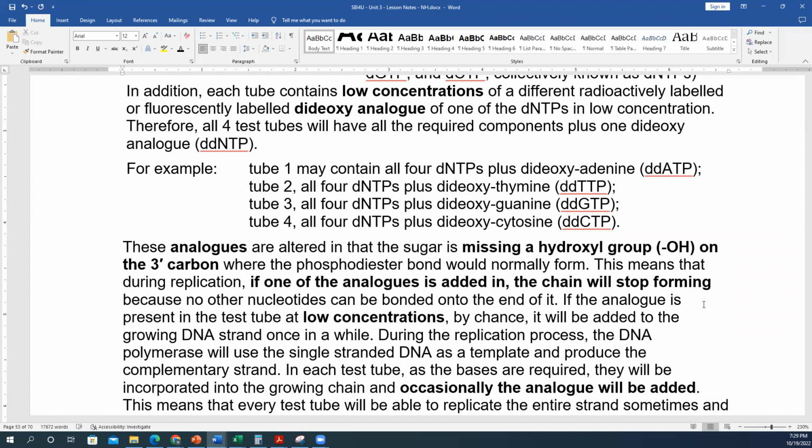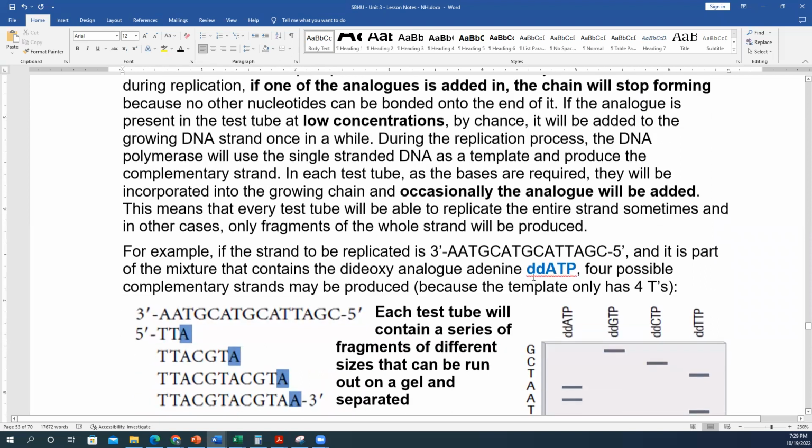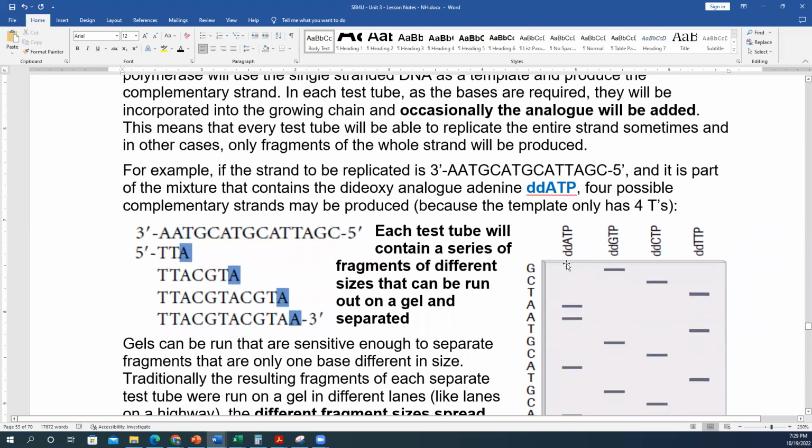But in each test tube, as those bases are required, they will only occasionally incorporate one of those dideoxy analogs. And so this means that in every test tube, you will be able to replicate the entire strand sometimes, and in other cases, only fragments of the whole strand will be produced.